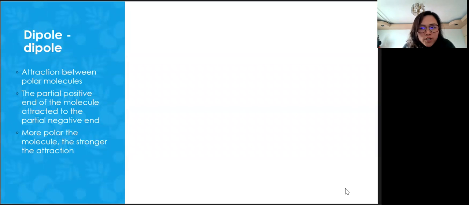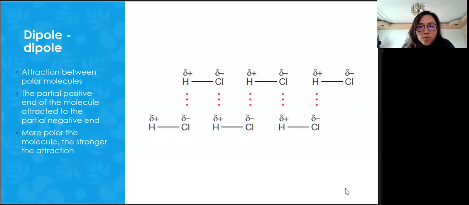And dipole-dipole attraction forms between polar molecules. The partial positive end of a molecule is attracted to the partial negative end of another molecule. So the more polar the molecule, the stronger the attraction. Note that this is not a hydrogen bond, although it does involve hydrogen.